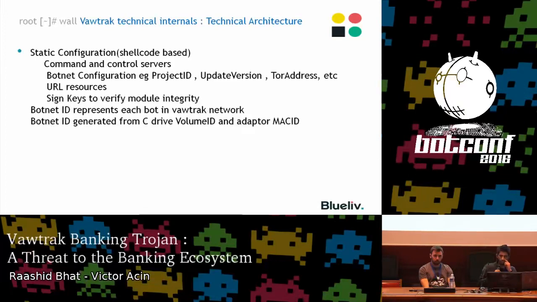The most important parameter among all of them is the botnet ID, which represents the unique bot in a Vawtrak network. And it's generated out of the combination of C drive volume ID and the adapter MAC address.